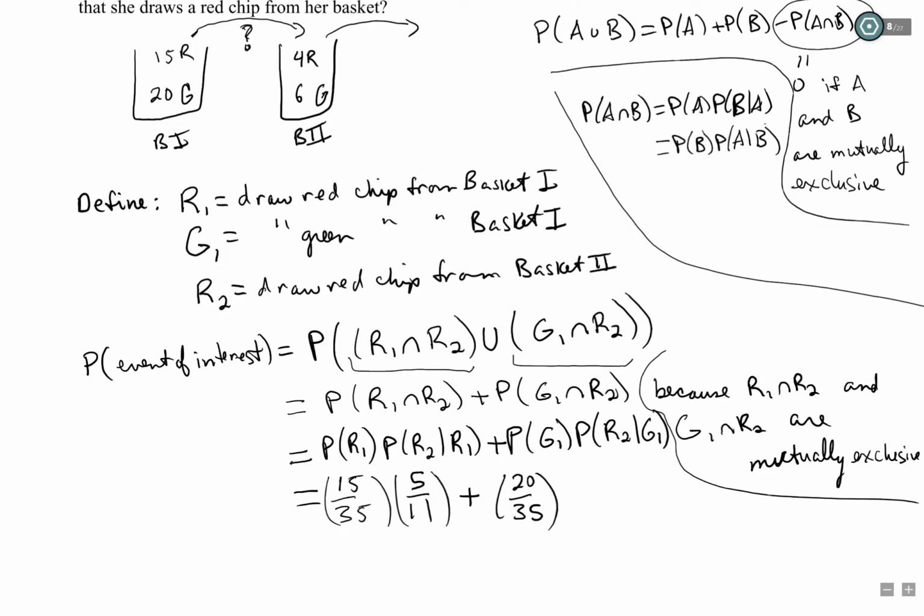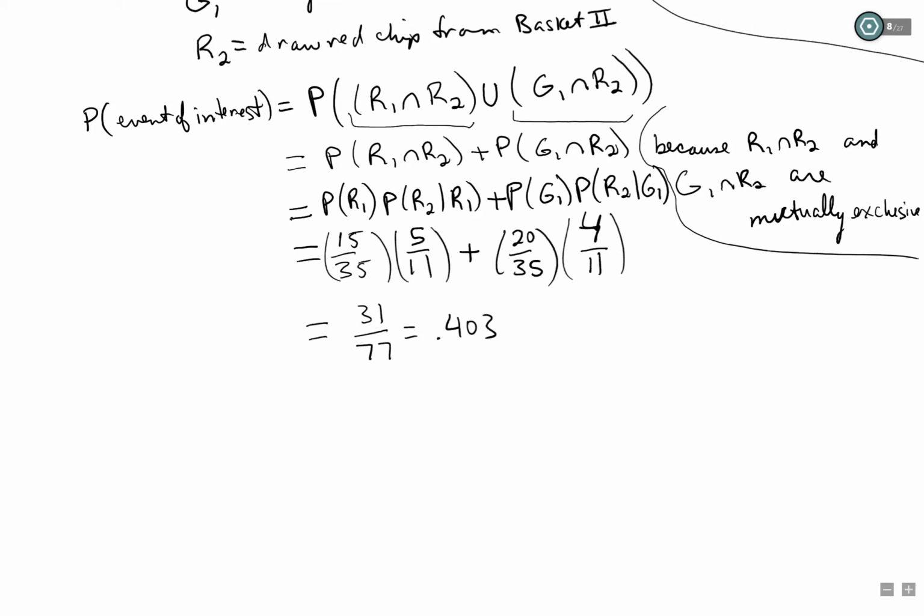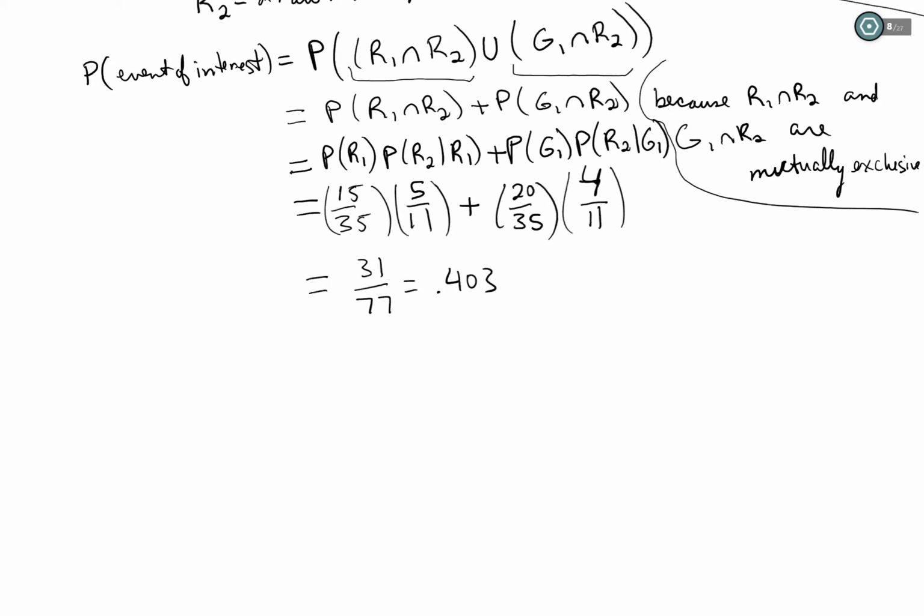Now there's 7 greens in basket 2, still 4 reds, but the overall probability has changed: 4 reds out of 4 plus 7 greens, so that would be 4/11ths there. So if you do the arithmetic here, you'll see that this is 31 out of 77, or 0.403. Okay, probability rules, part 2.